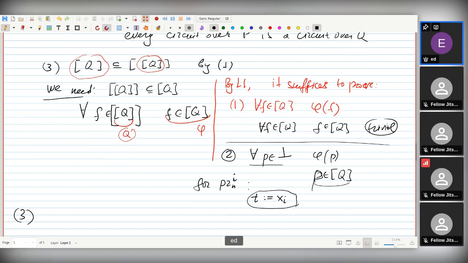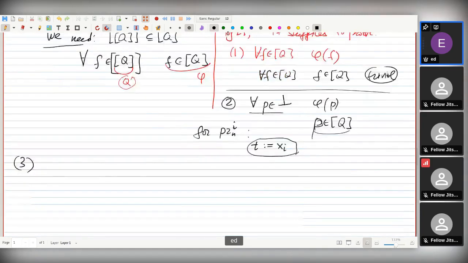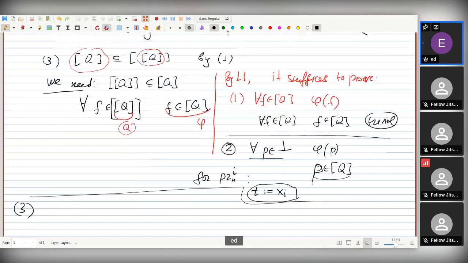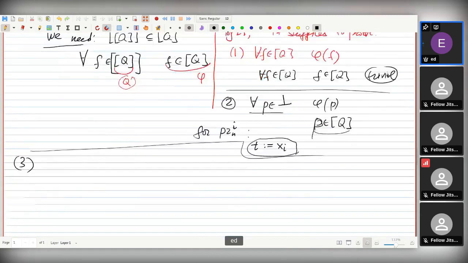And what remains for us to prove is that our property phi is preserved via superposition.